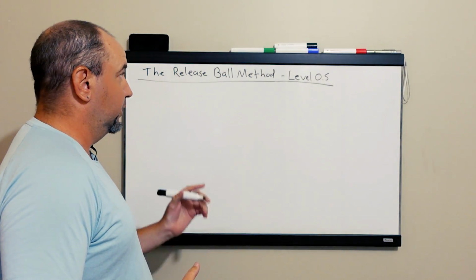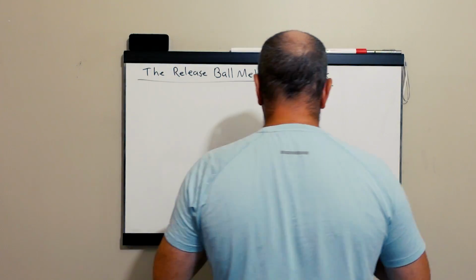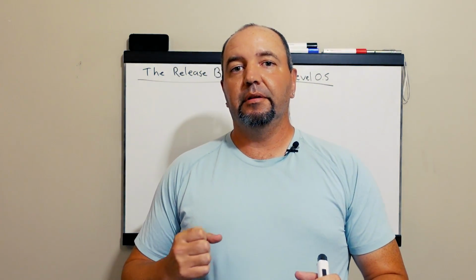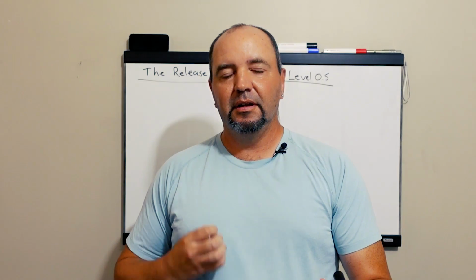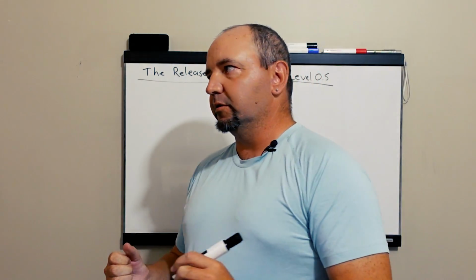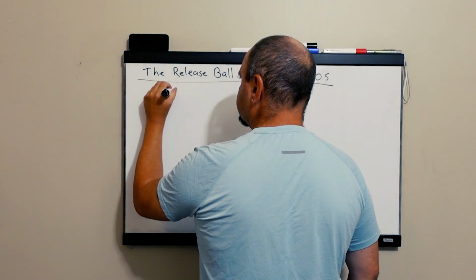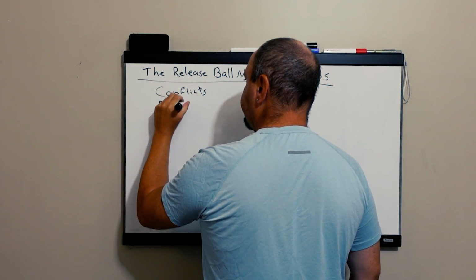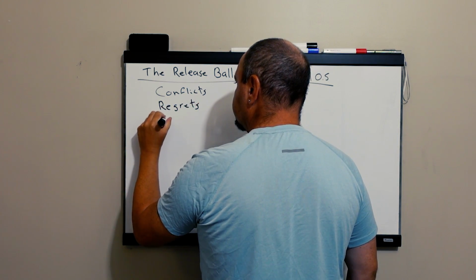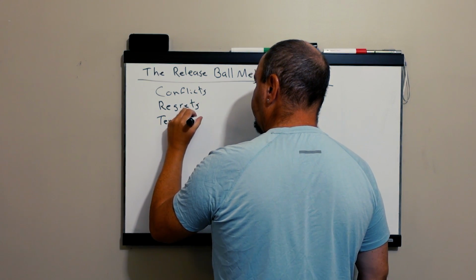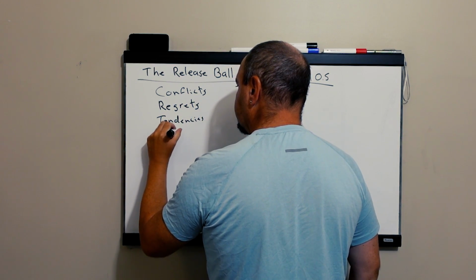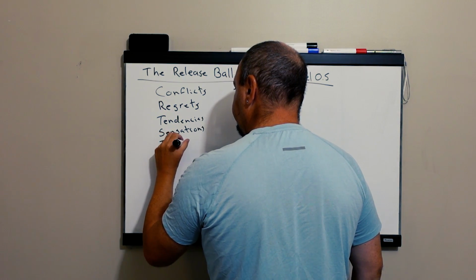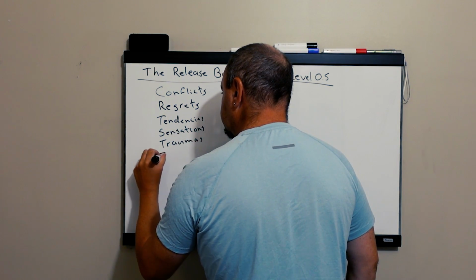So looking at the release ball method, this again is another simple release technique that's helping us to completely clear away everything from the physical, the mental, and the emotional bodies. So looking at everything from conflicts, regrets, tendencies, sensations, traumas, and influences.